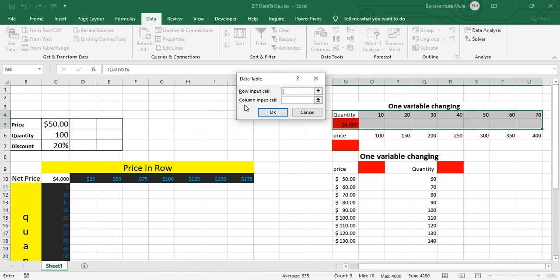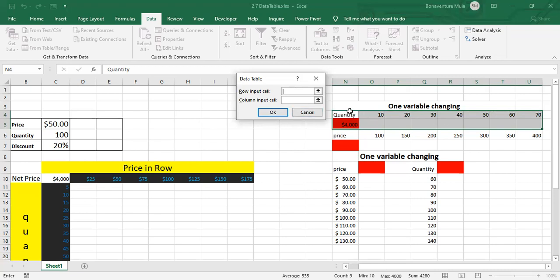But the question that we should ask ourselves before making the two entries is, do we really have two entries in this small table that we have highlighted? We don't have two entries. We only have one entry. The only entry that we're going to make here is the row input cell, because we have quantity across the row.